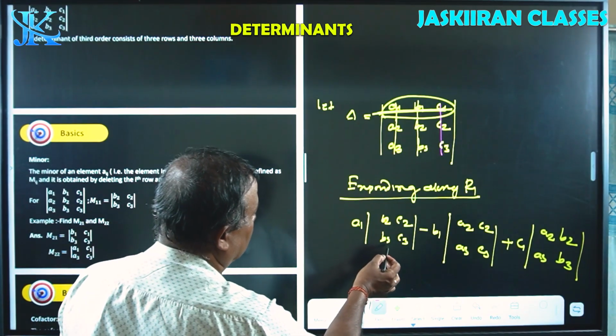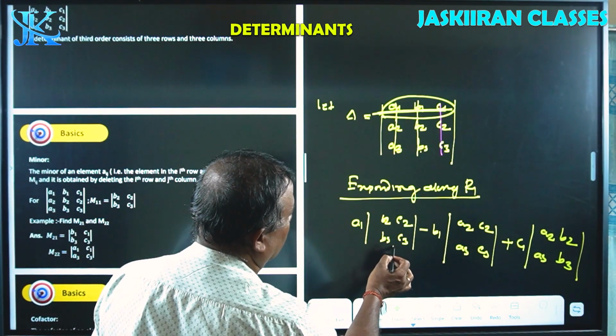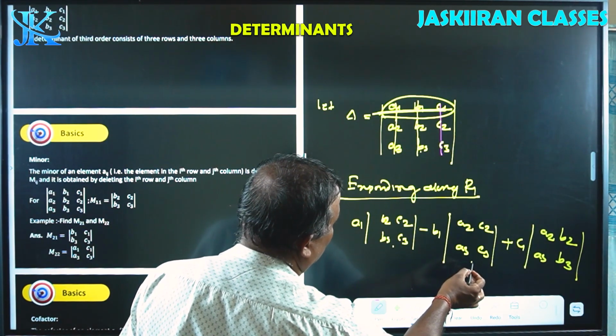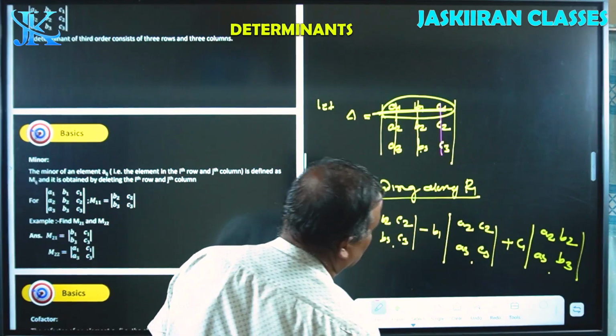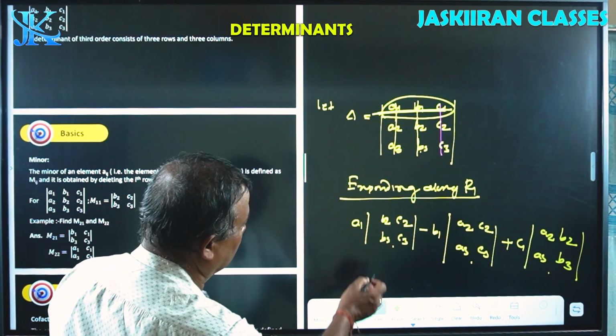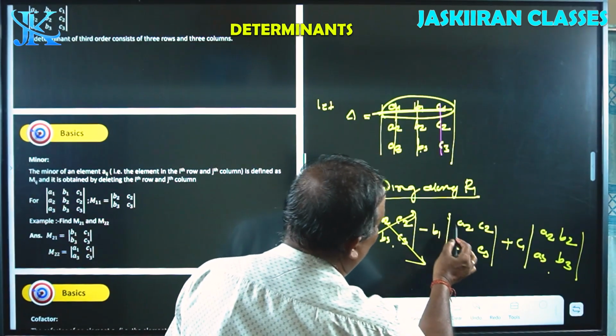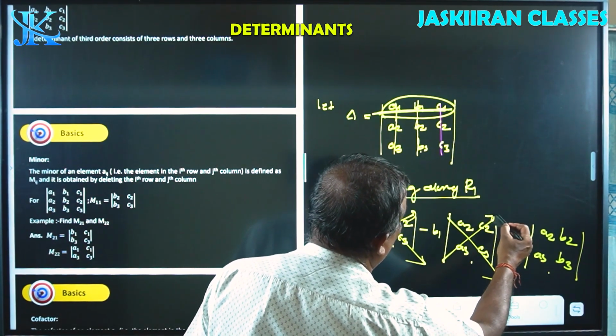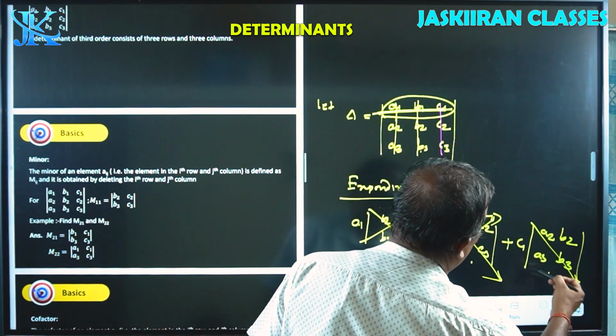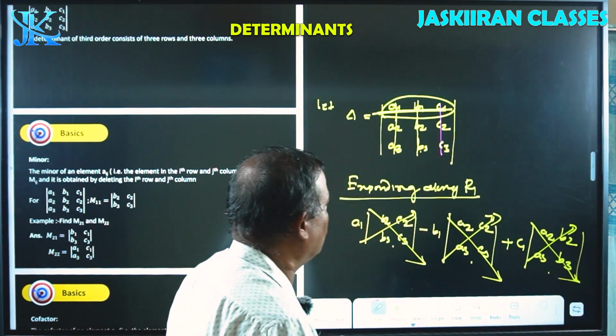It contains 2 cross 2 determinants. Here, principal diagonal minus secondary diagonal, and similarly for each of the others.